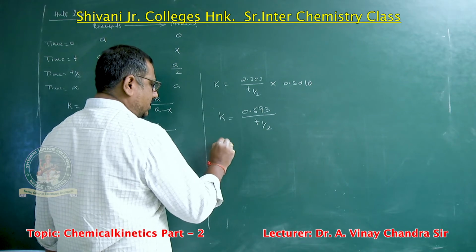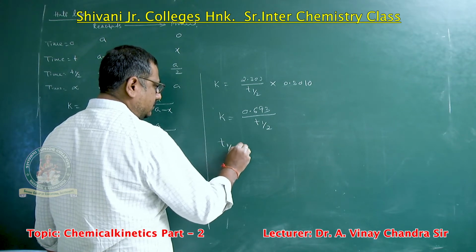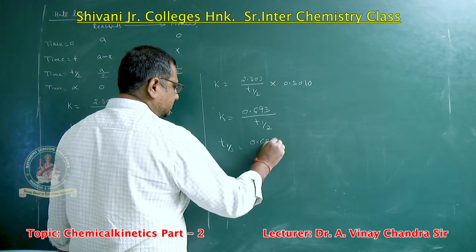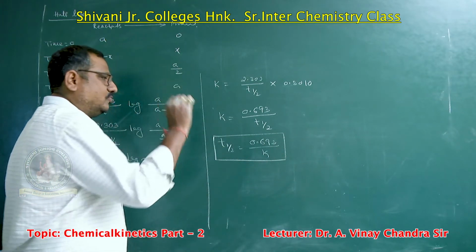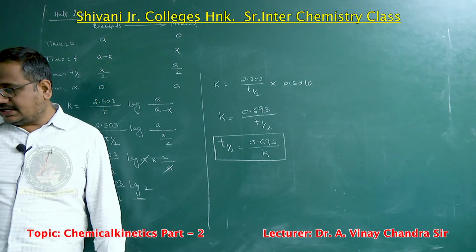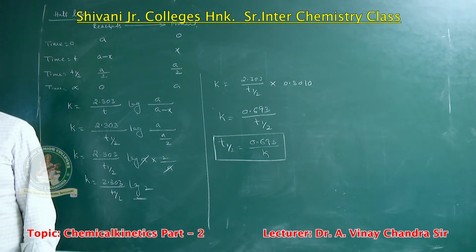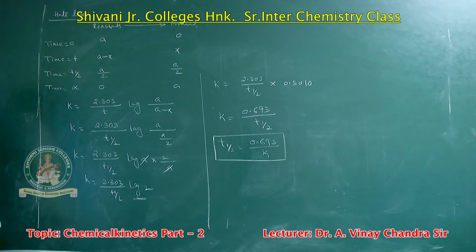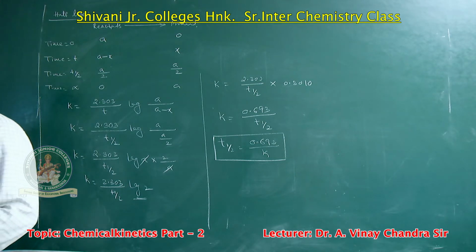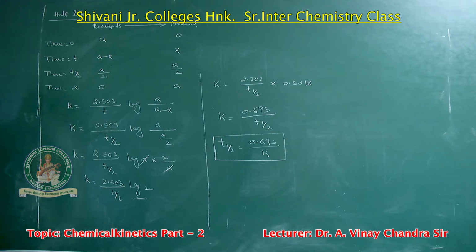Now t half is equal to 0.693 by k. This is the first order half-life equation: t half is equal to 0.693 by k.